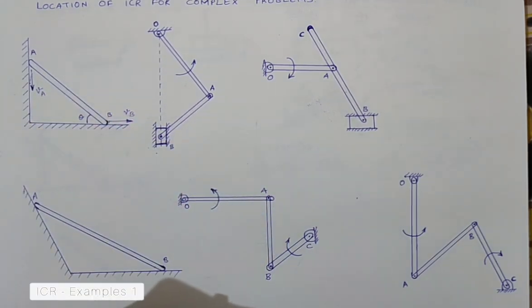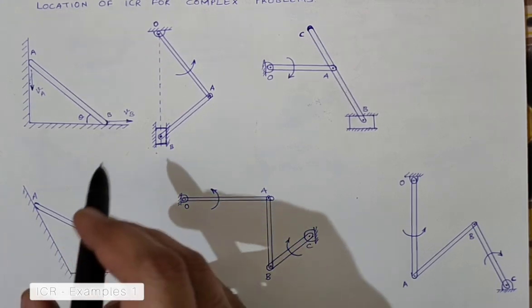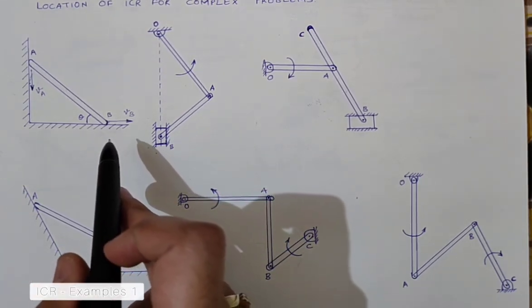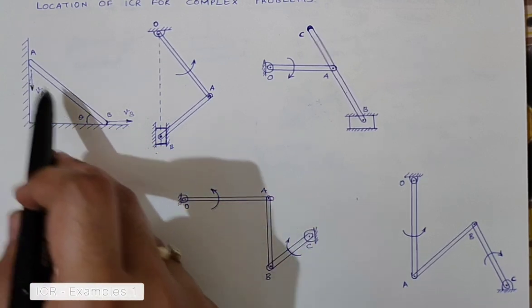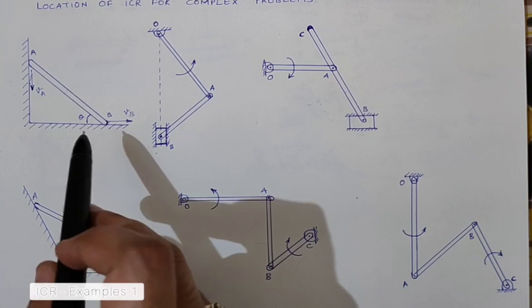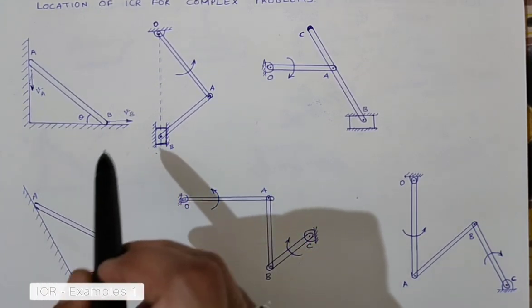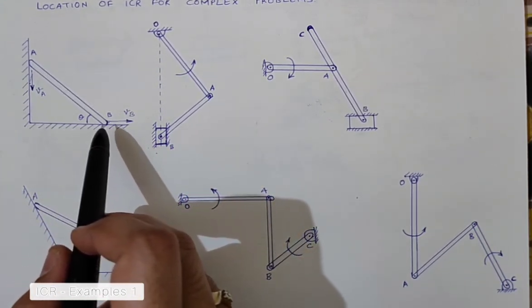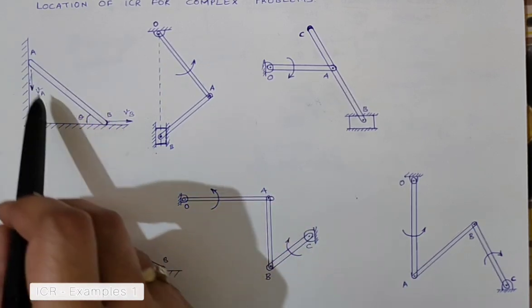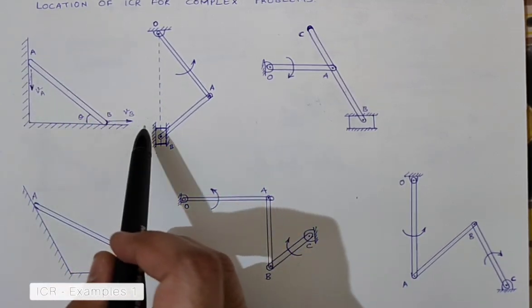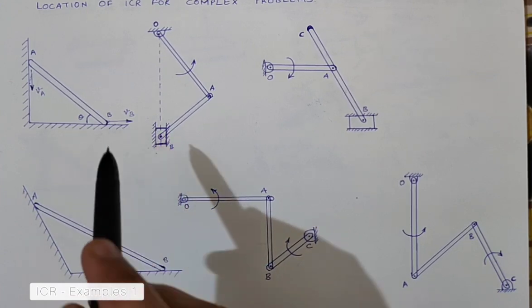We have learned in the previous lecture that once we know the directions of velocities of any 2 points on a given link, I can locate the ICR for that link. So here we know the velocity directions for the 2 points, A and B. A is moving downwards, B is moving in the horizontal rightward direction.